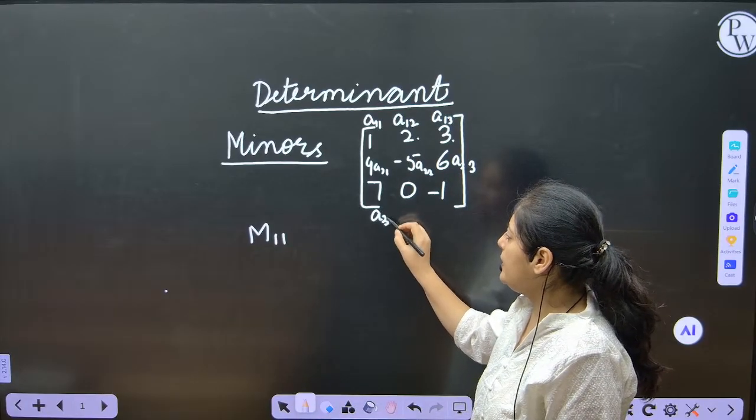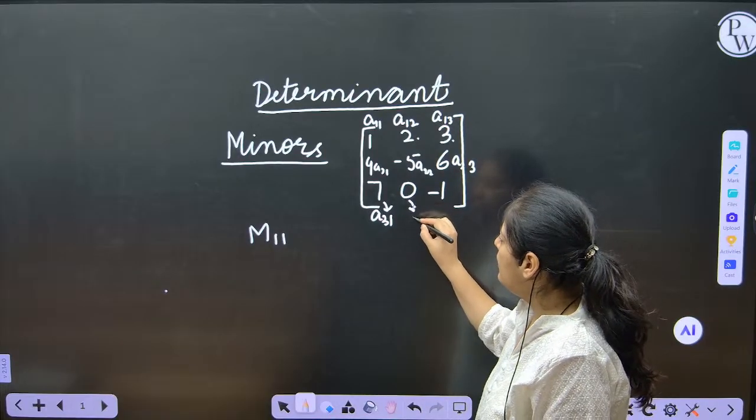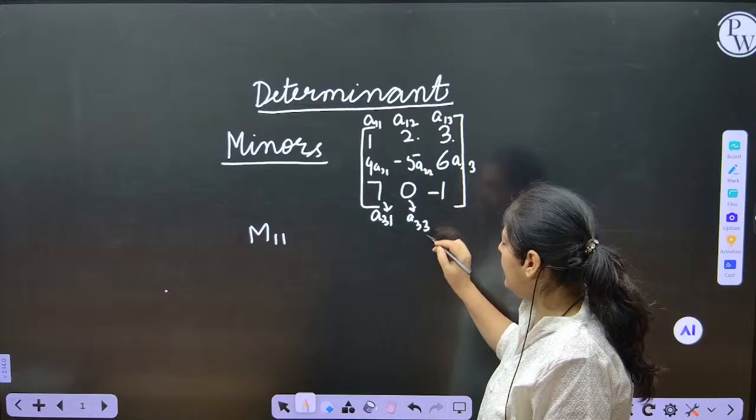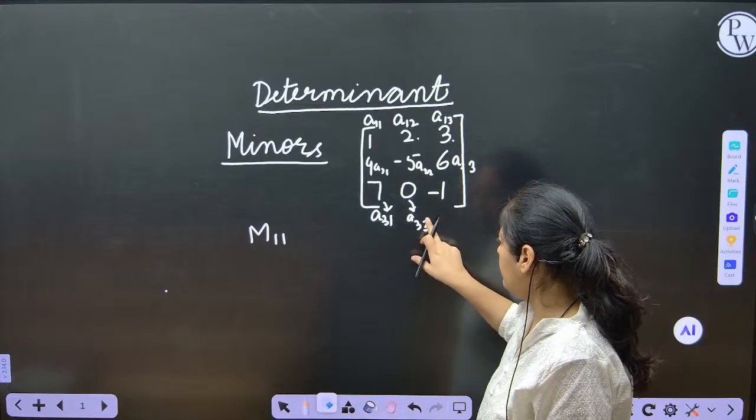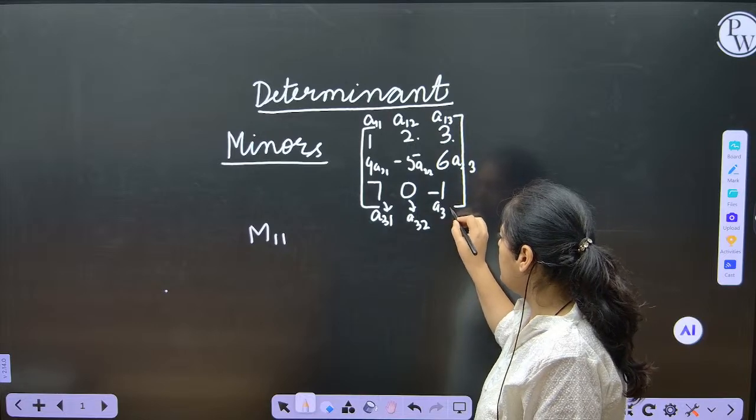Similarly, third row first column, third row second column, third row third column.